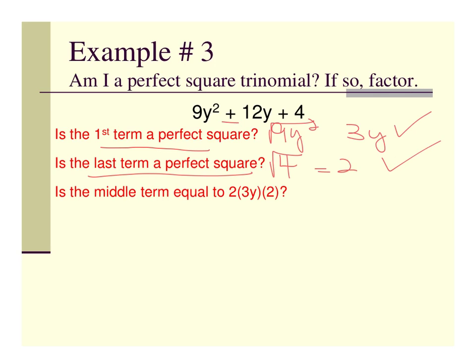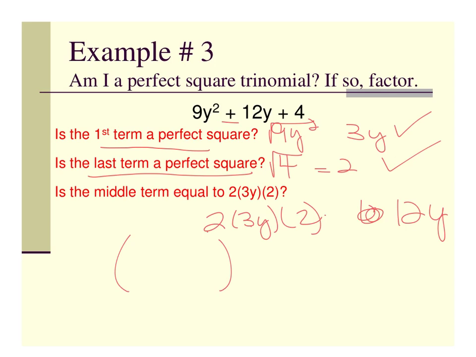And is the middle term equal to 2 times the square root of the first times the square root of the last? 2 times 3 is 6, times 2 is 12y. So the answer is yes. So we're going to factor it. To factor a perfect square trinomial, you have a quantity squared, and you take the square root of the first, the square root of the last, and because the middle sign is plus, you put a plus between them. So now it's factored.